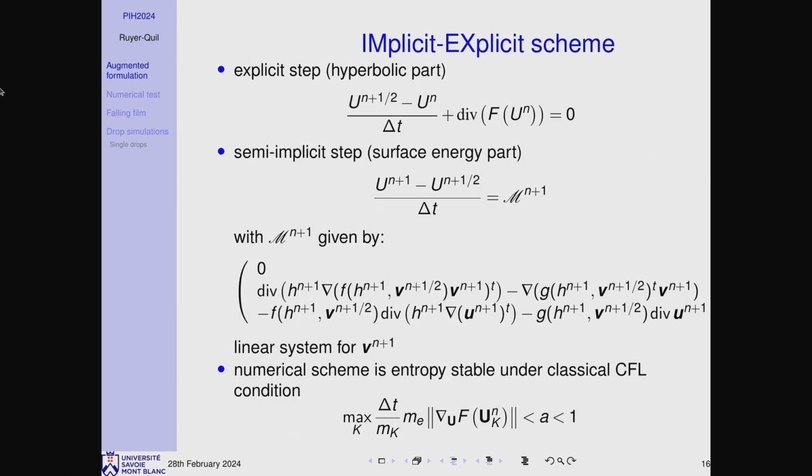So the symmetry of the equations has some implications within the numerical implementation. We have implemented an implicit-explicit scheme. The first step is very classical for the hyperbolic part. And the second step is semi-implicit for solving the surface tension terms on the right-hand side.